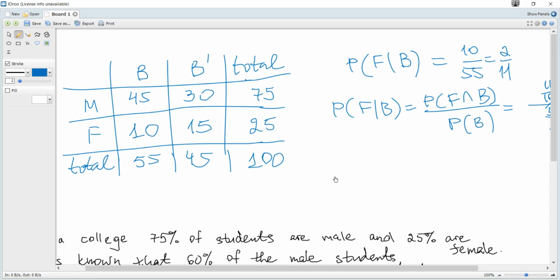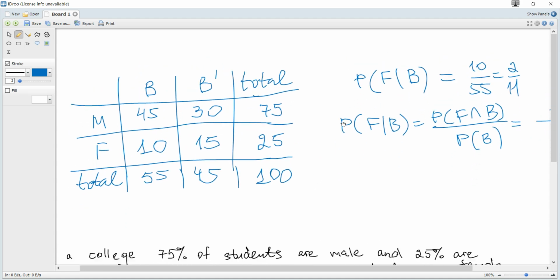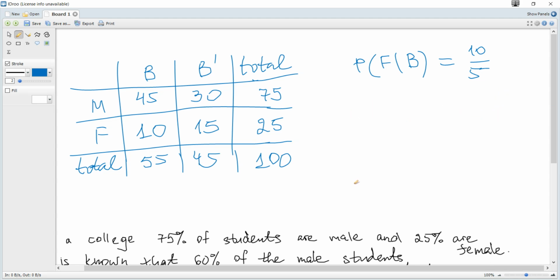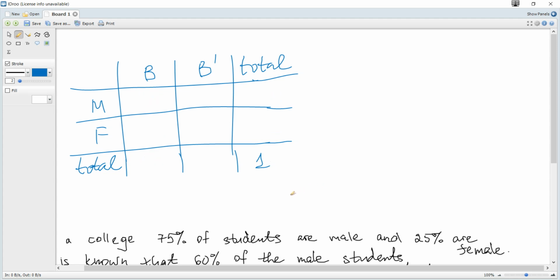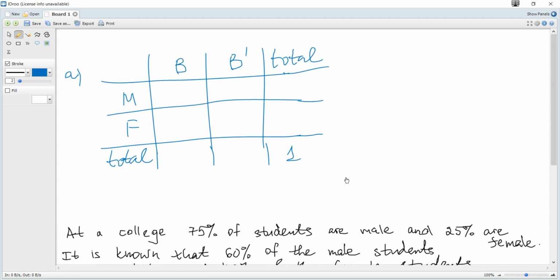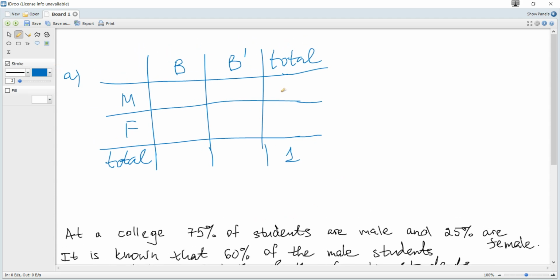And we can do the same in terms of probabilities. The grand total becomes 1 as the total probability. 75% male, so total male is 0.75, and total female is 0.25.